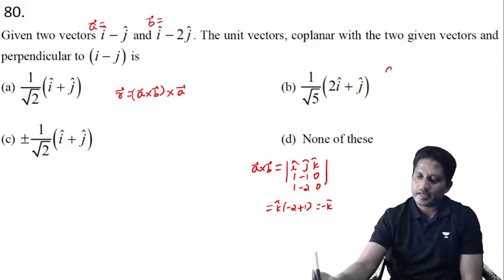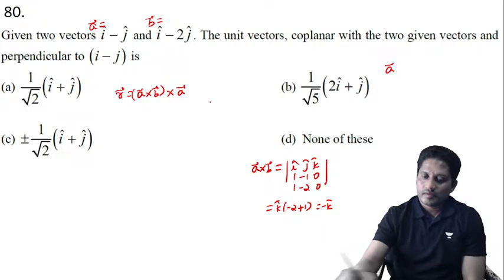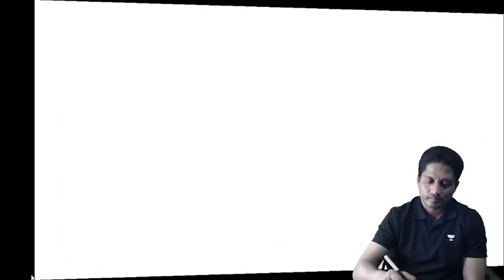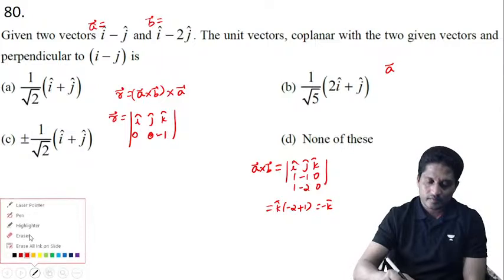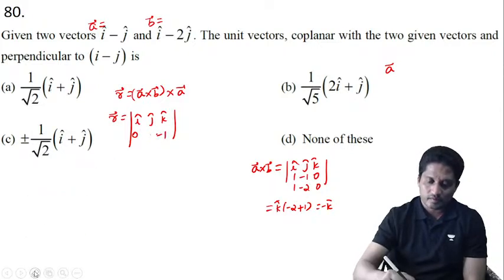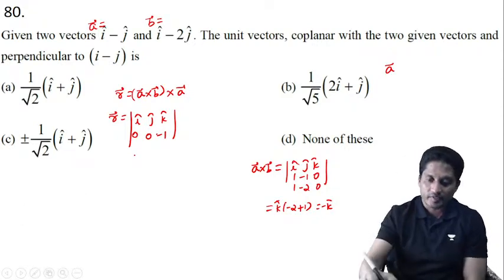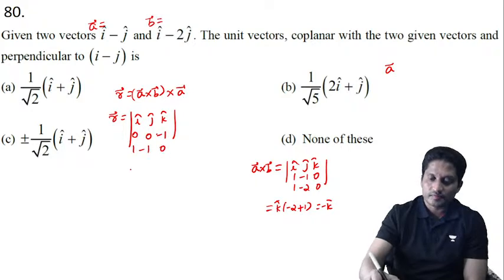Now I will find out A cross B cross A. So this is components of I, j, k. Components of A cross B will be 0, 0, minus 1, and components of vector A will be 1, minus 1 and 0.